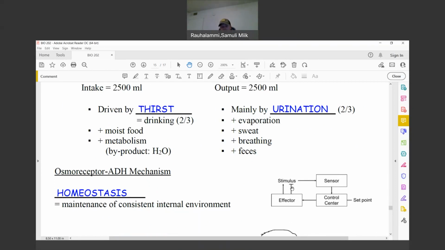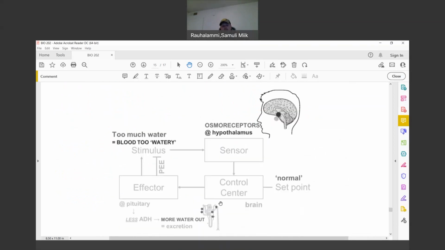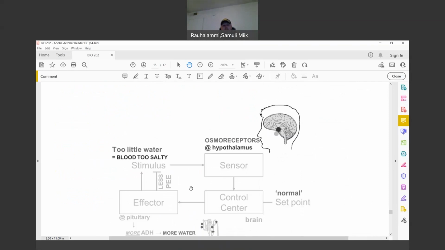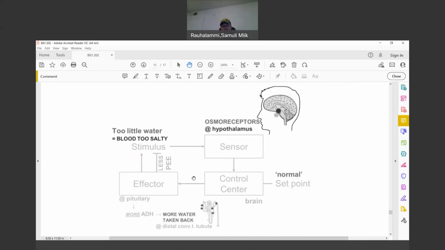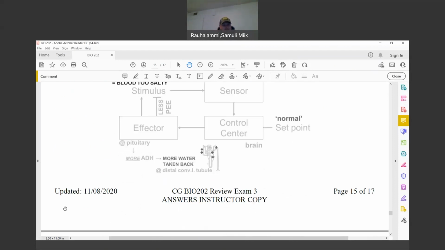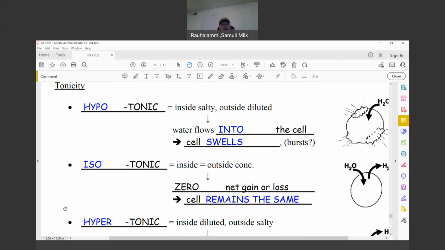That would be negative feedback. And we can apply that to explain two conditions: when we have too much water in the body versus when we have too little water in the body. These were covered earlier on, so I just wanted to offer you a little diagram there that you can refer back to if you want to remind yourself of those concepts. Finally, I wanted to talk a little bit about tonicity.